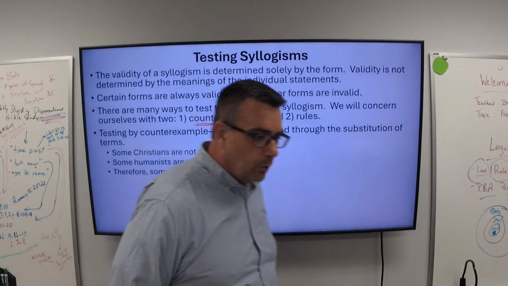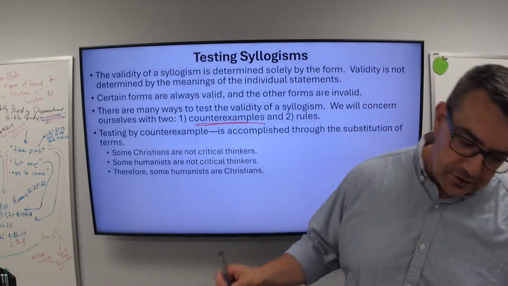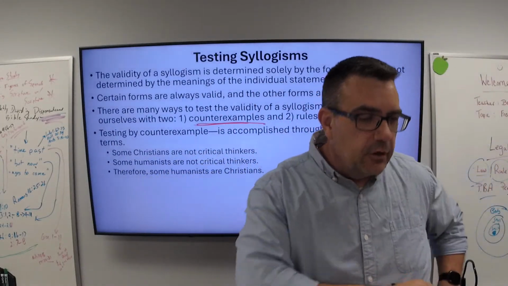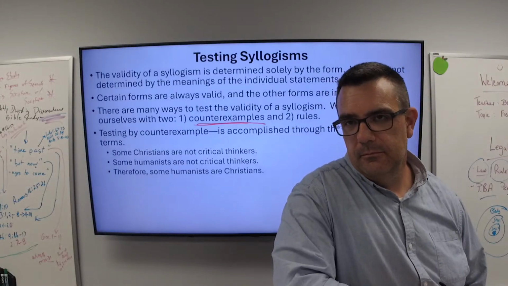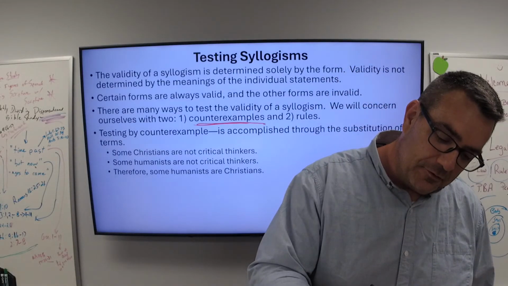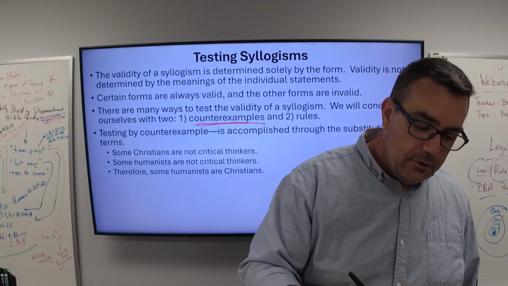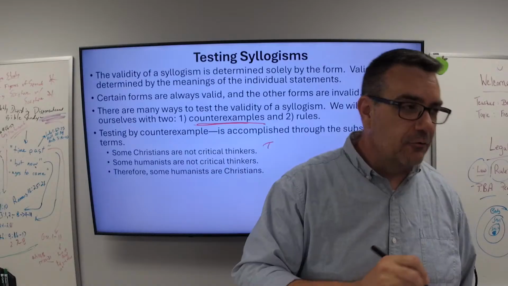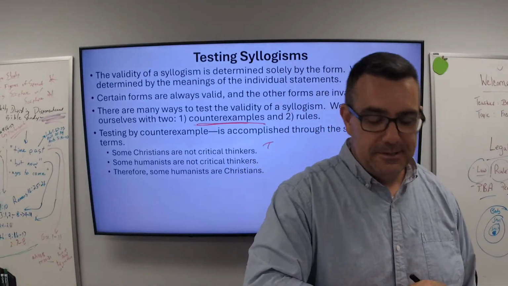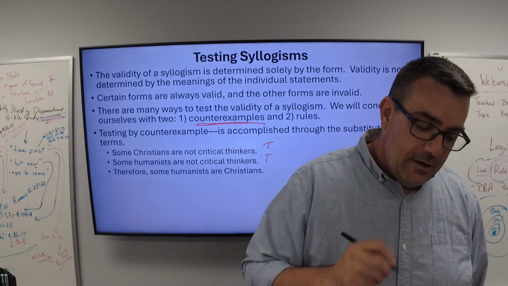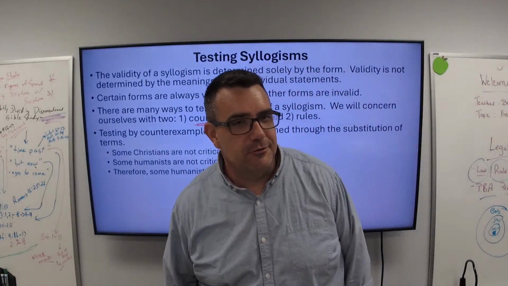So, premise 1 in this syllogism: some Christians are not critical thinkers. Unfortunately true. Premise 2: some humanists are not critical thinkers. I'm going to say that's also true. Therefore, some humanists are Christians.